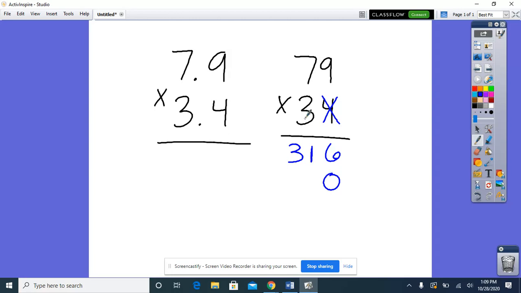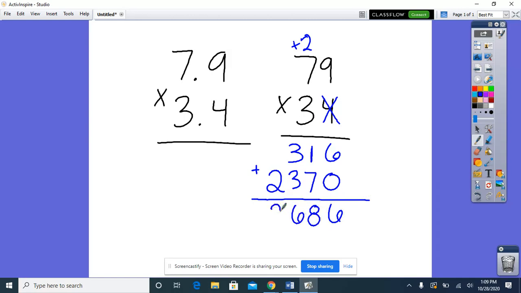So now I can go over to my 3. 3 times 9 would be 9, 18, 27. My 7 goes here. I carry my 2 up here. 3 times 7, 7, 14, 21, plus 2 would give me 23. And now I can add these together. So I'll get 6, 8, 6, and 2.